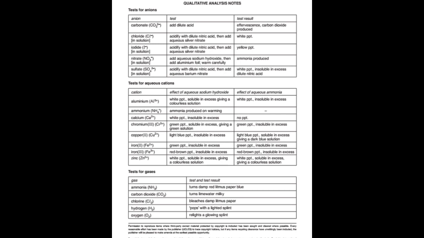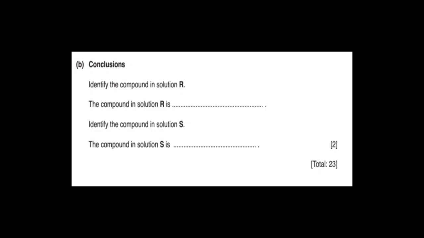Therefore, the anion is chloride. Thus, what we write in the conclusion part: the compound in solution R is aluminium chloride and the compound in solution S is copper 2 chloride.